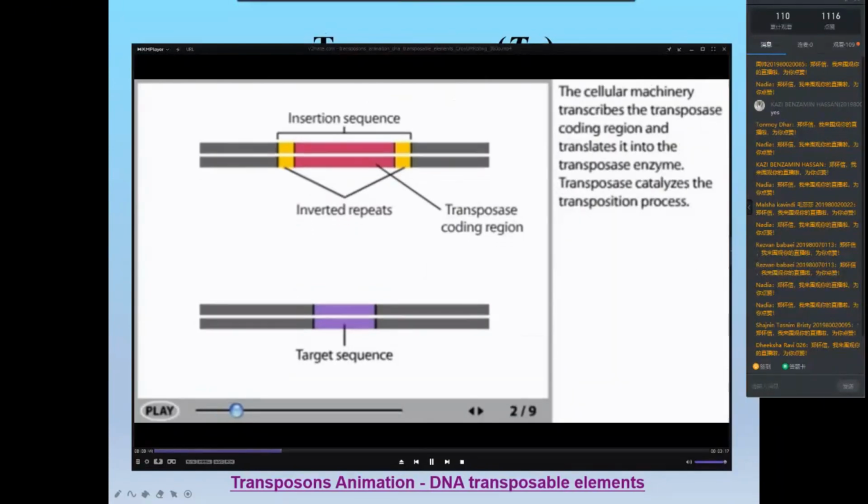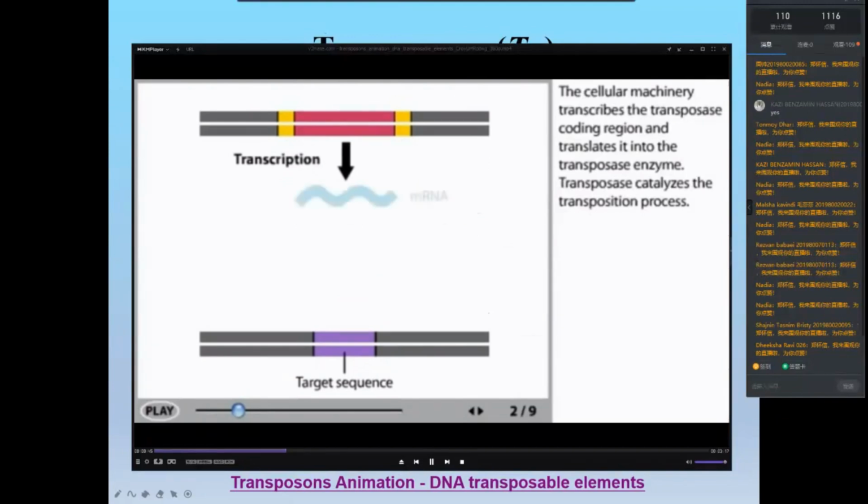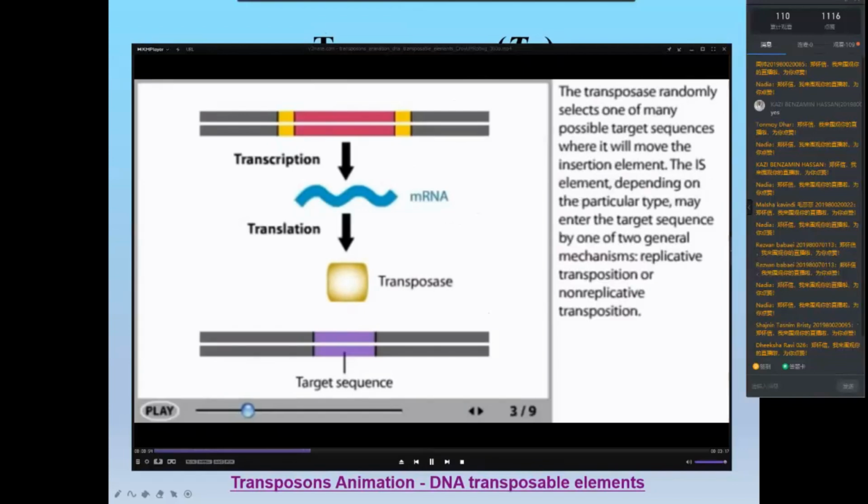The cellular machinery transcribes the transposase coding region and translates it into the transposase enzyme. Transposase catalyzes the transposition process. The transposase randomly selects one of many possible target sequences where it will move the insertion element.